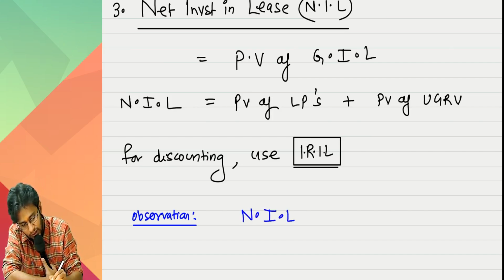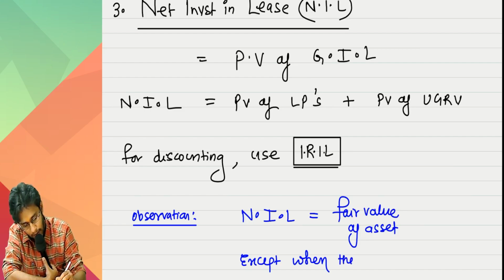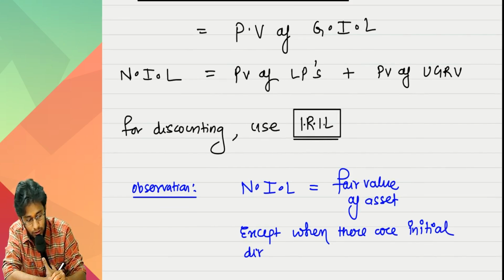Net investment in lease will always be equal to the fair value of the asset. Only one exception is there, when there are initial direct costs.